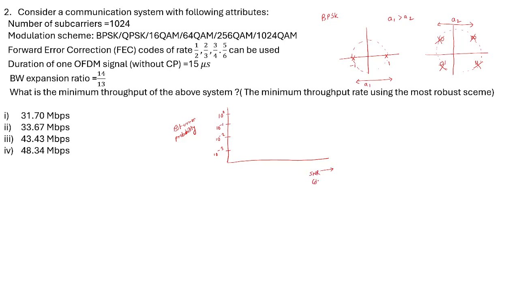Maybe you start from, let's say, minus 5, 0, 5, 10, 20, and it goes on like that. So your modulation schemes are going to have a performance quite like that.